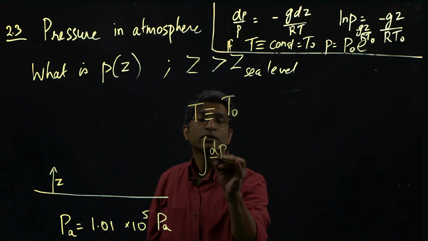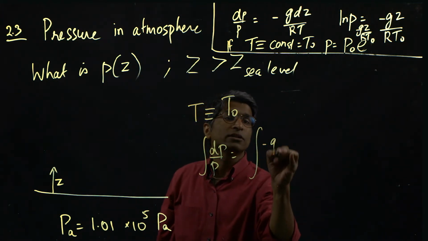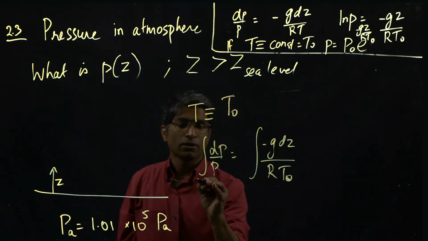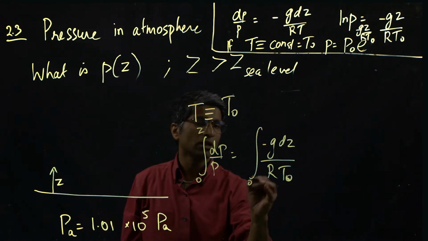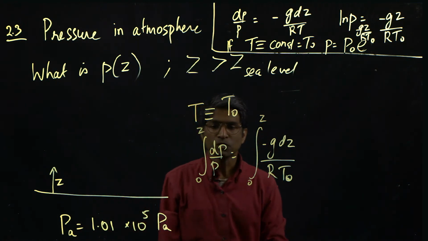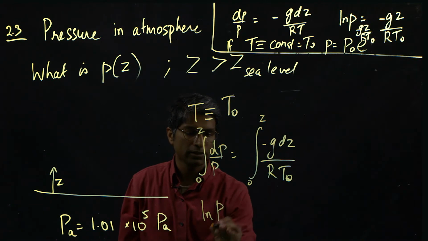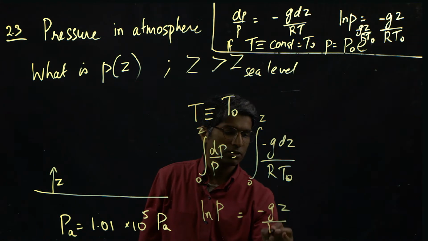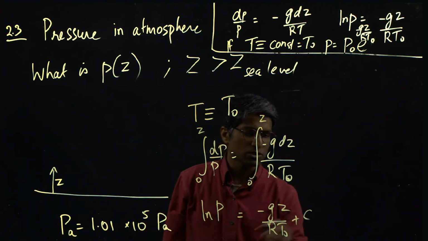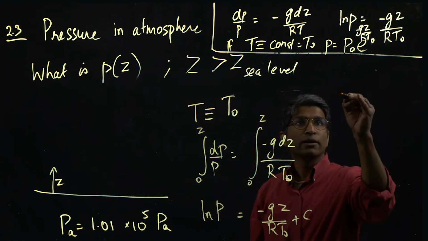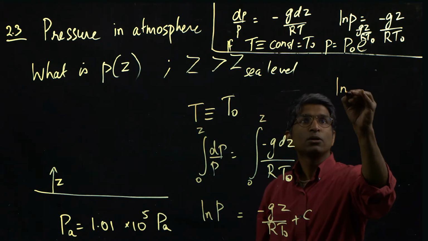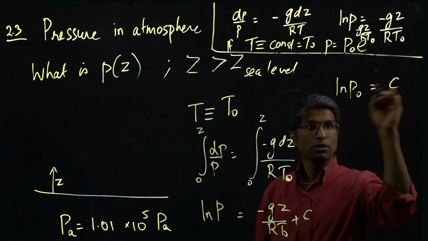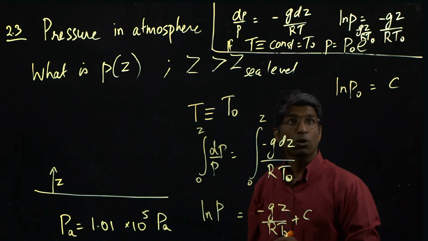Integral dP over P is integral from sea level to some unknown z. So I get log P equals minus gz over R T naught plus some constant, and I know that at z equals 0, log P naught equals minus g times 0 plus C, and therefore that C is log P naught.